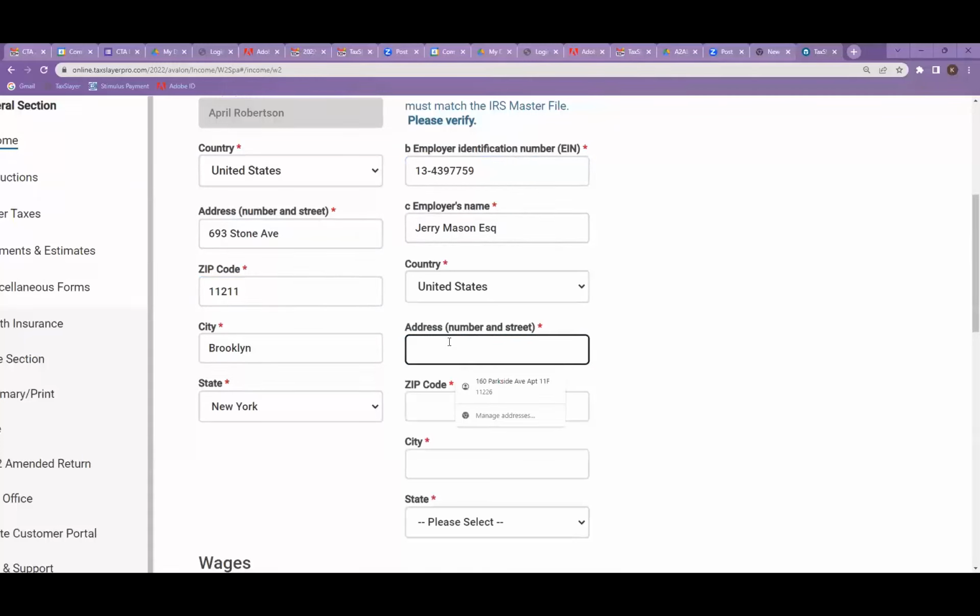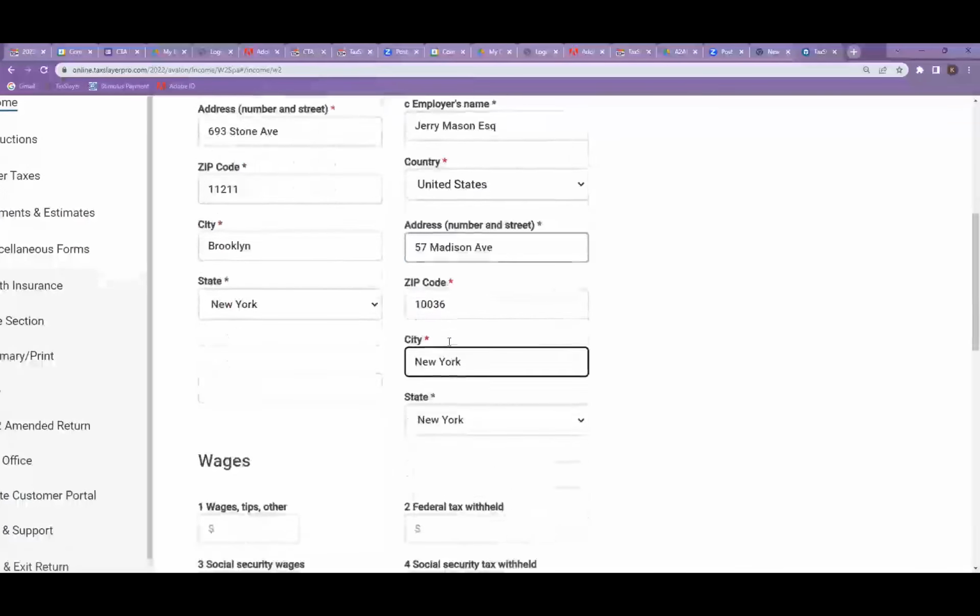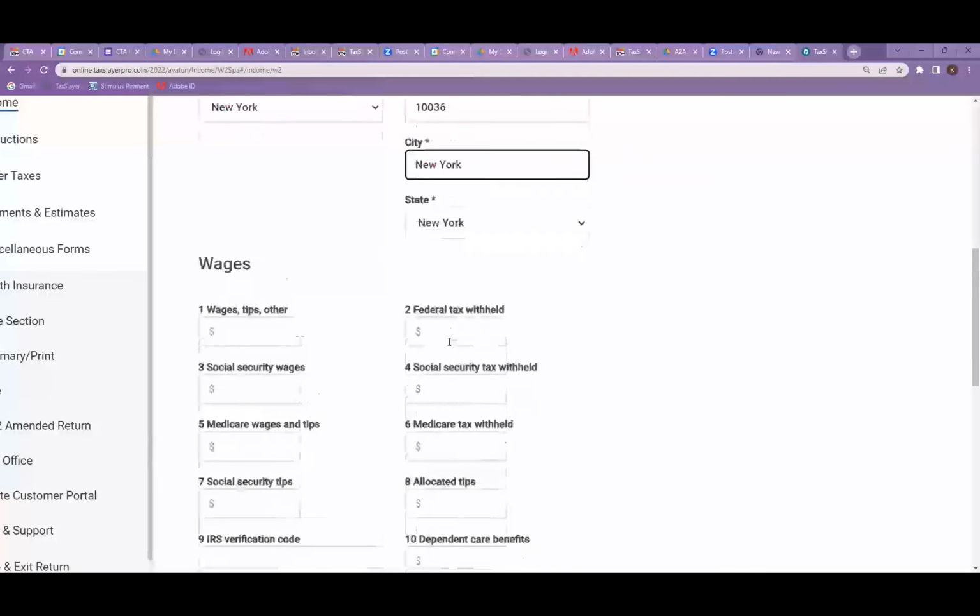The address of Jerry Mason's business, 57 Madison Avenue. Okay, the zip code 10036. And once you hit that in, the city information already pops in.